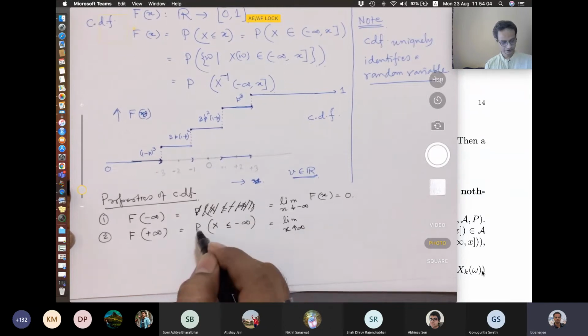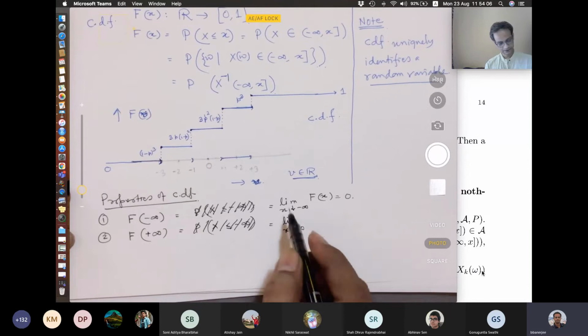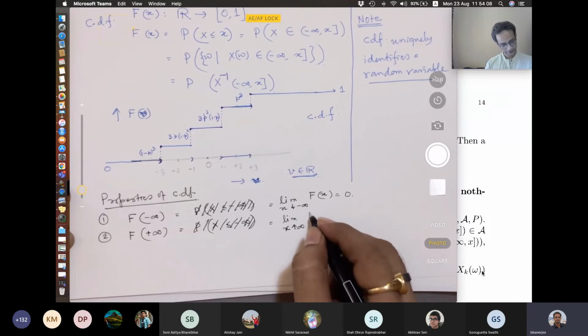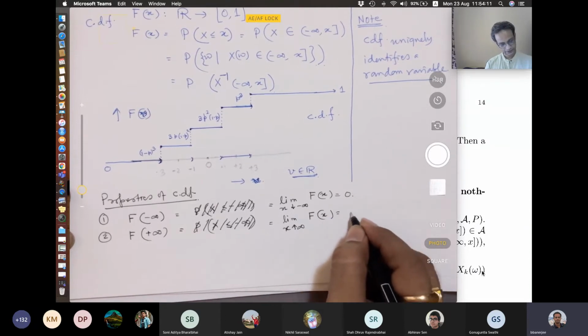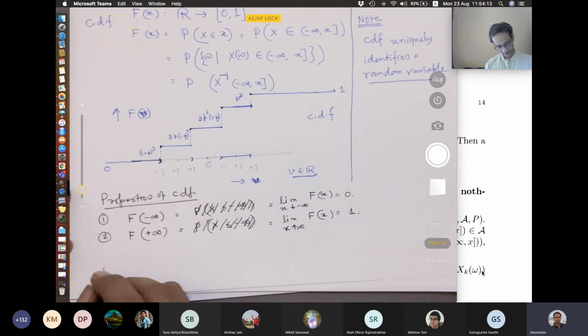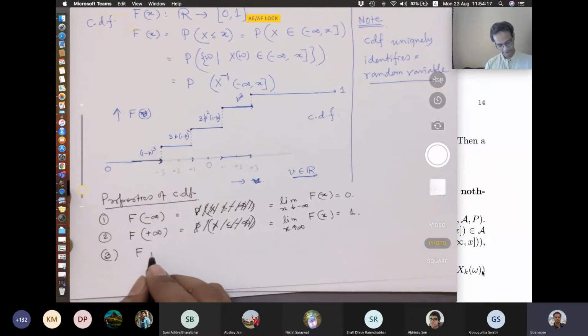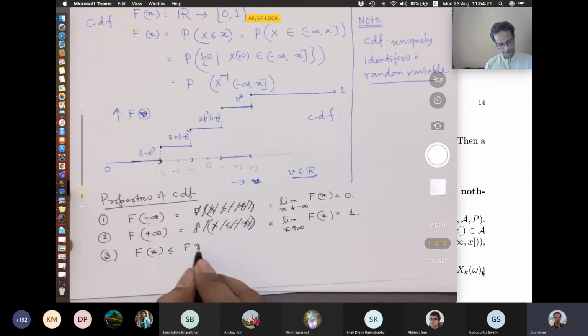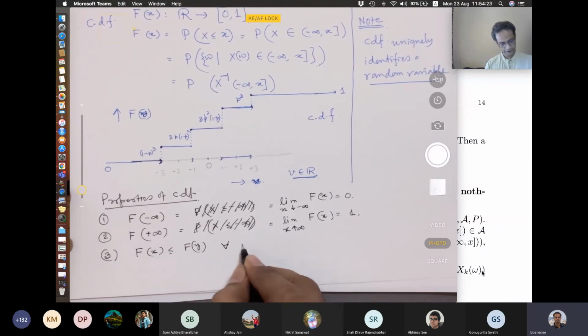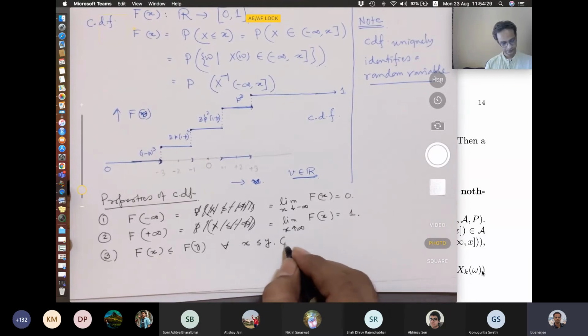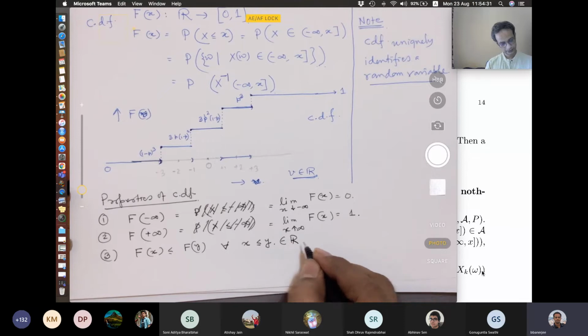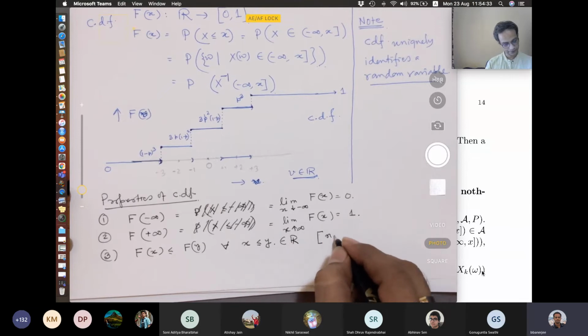This is not a good notation, but the meaning is the same. As x goes to plus infinity, that is 1. Third thing: F(x) is less than or equal to F(y) for all x less than or equal to y, x, y belonging to R. So this is the non-decreasing property.